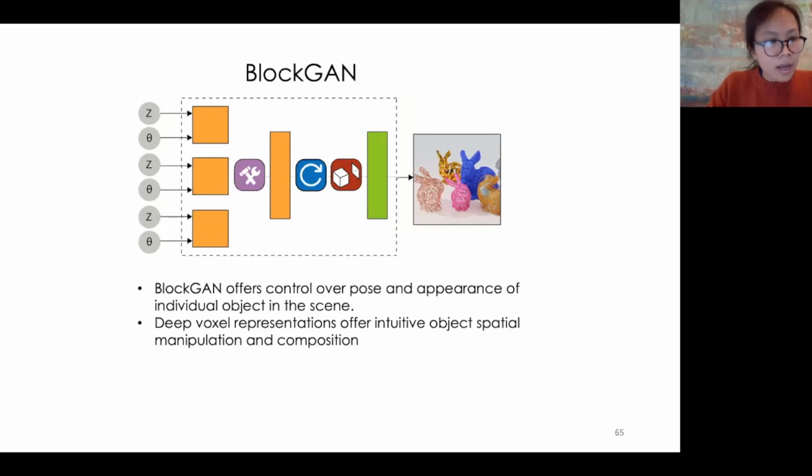And this is an advantage of using the voxel representation compared to, say, the implicit representation, because with the voxel representation, spatial manipulation and combining different objects become very intuitive. While if you think about using MLPs to represent a scene, it's not trivial to think about how we can even start segmenting this representation into objects. It's actually not so clear.